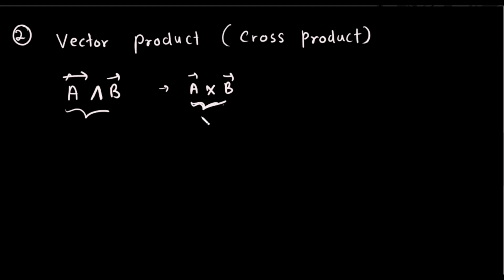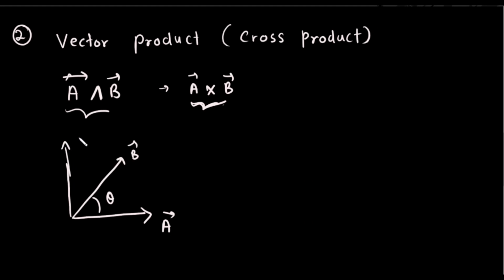Okay, let's say that we have two vectors A and B, and the angle between these two vectors is theta. Right now I am going to find a normal vector which is perpendicular to both of these vectors. Let's say that the perpendicular vector is n hat.